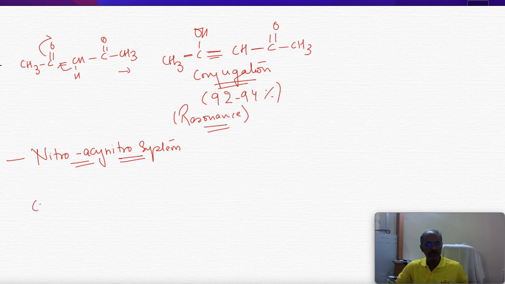Nitro group, we know CH3 and double bond O, single bond O minus with a positive charge, right? It is written like that. Now, to be more precise, CH2 and here H, right?